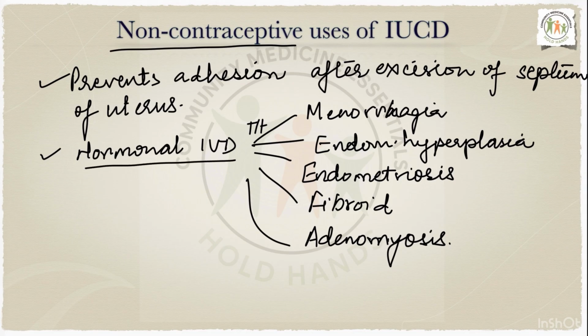So what is common in these conditions? These are estrogen-dependent endometrial pathology. And in hormonal IUDs, there is progesterone which suppresses endometrial proliferation.